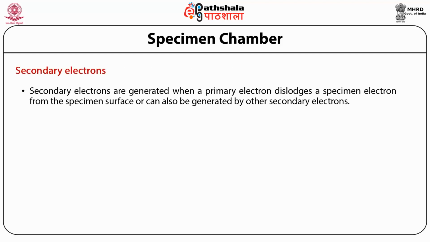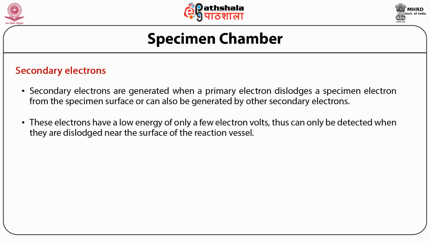Second, the secondary electrons. Secondary electrons are generated when a primary electron dislodges a specimen electron from the specimen surface, or can also be generated by other secondary electrons. These electrons have a low energy of only a few electron volts, thus can only be detected when they are dislodged near the surface of the reaction vessel.